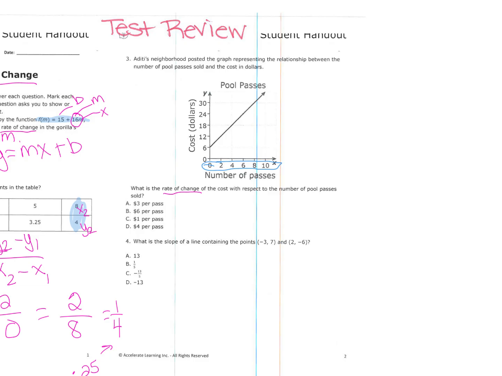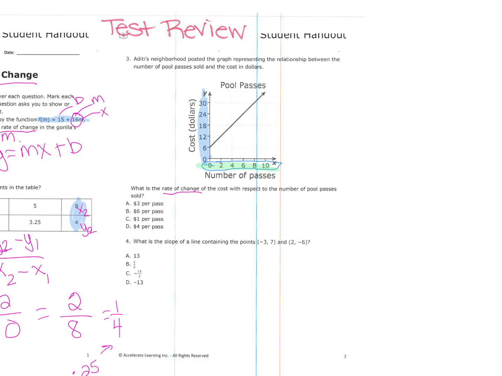I never want you to get into the habit of thinking that each hash mark on either the x-axis or the y-axis is always going to equal 1. So please make sure you are looking at the scale. Here my x's are increasing by 2 and my y's are increasing by 6. So that's going to be important here.